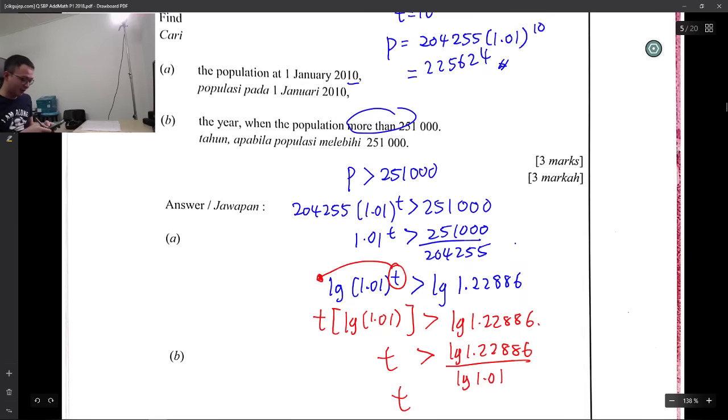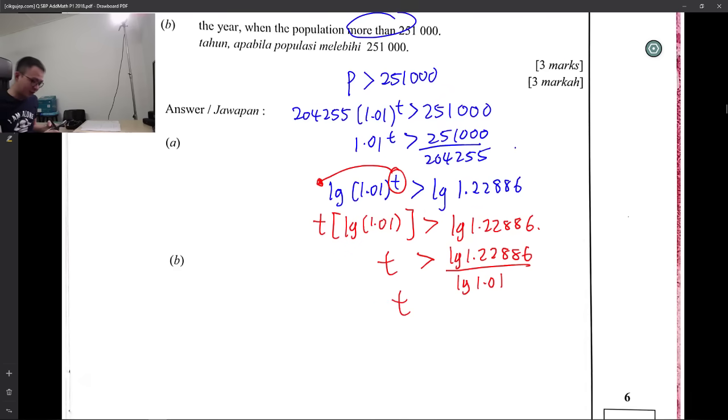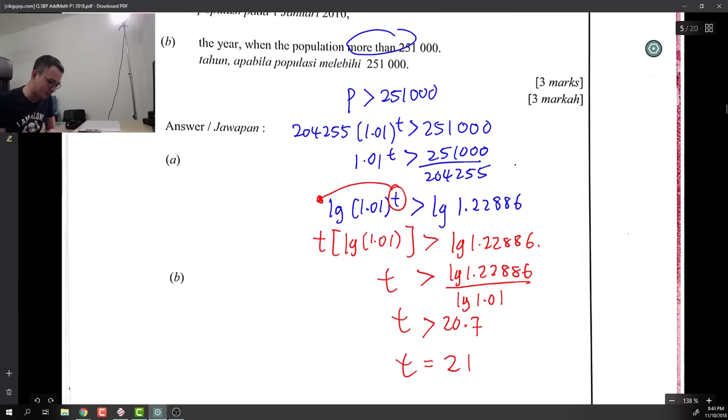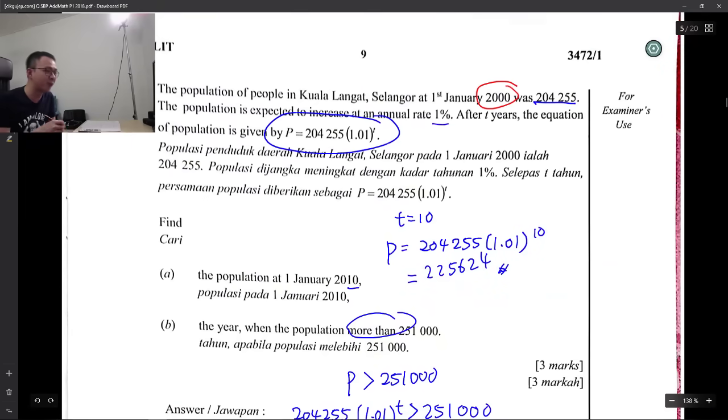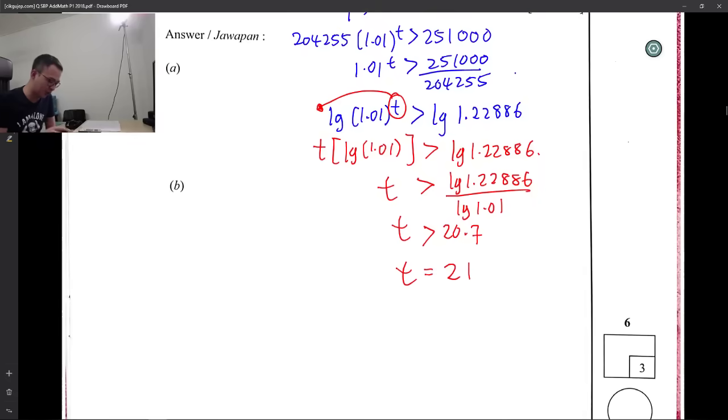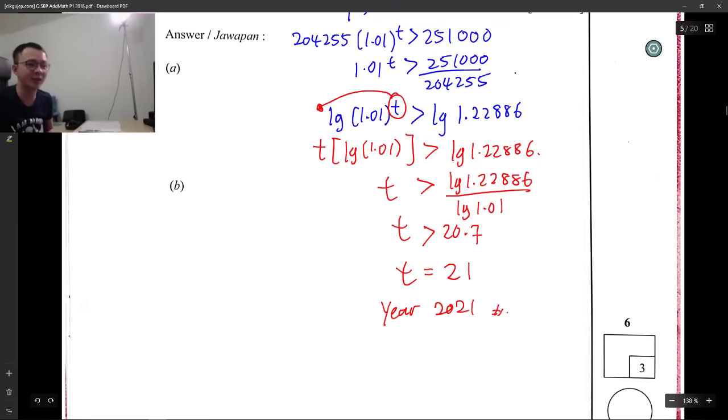Then you type in the calculator, you should get the answer. So your t should be bigger than 20.7. So t should be the nearest, around 21. Because it's from year 2000, so plus 21 years, you understand it should be 2021, right?